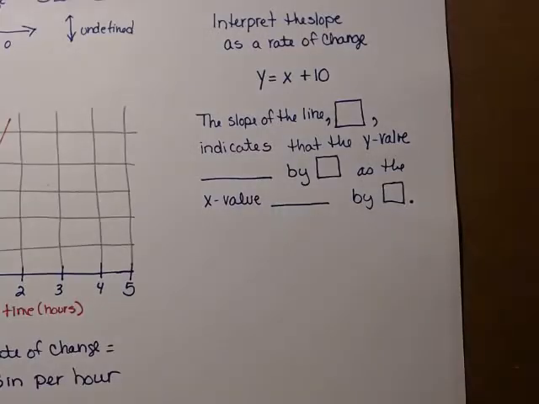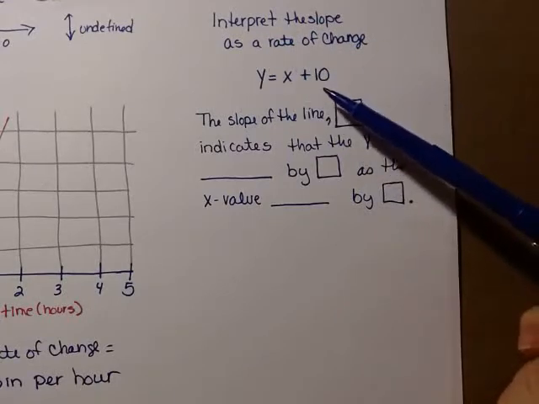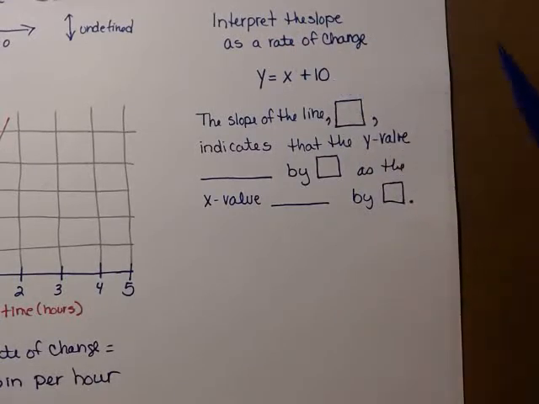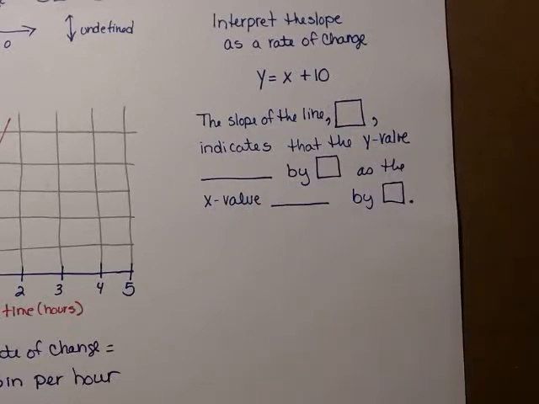So, an example of a question that you're going to have on MyMathLab asks you to interpret the slope as a rate of change, and it gives you an equation. So what you need to look at when you look at this equation is, what's the slope?